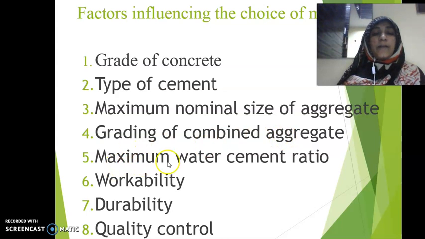Then next factor, maximum water cement ratio. This factor is also important. Then next, workability, durability and quality control. These are the factors which affect our design criteria.